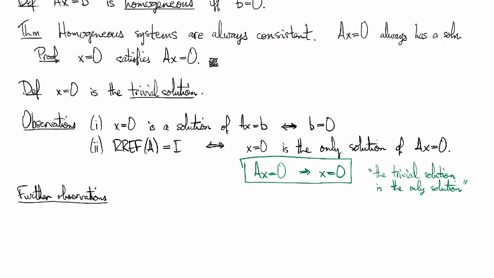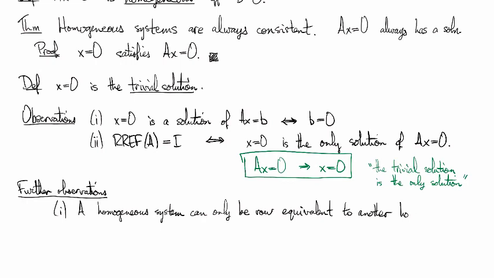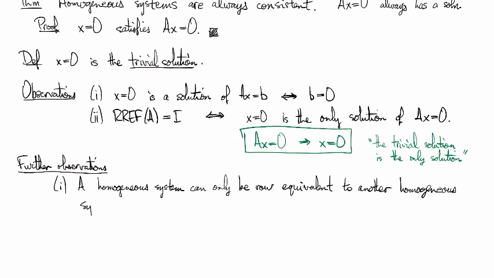So let's see. First off, a homogeneous system can only be row equivalent to another homogeneous system. To think about that, realize that if it's homogeneous, then there's nothing in the last column, right?